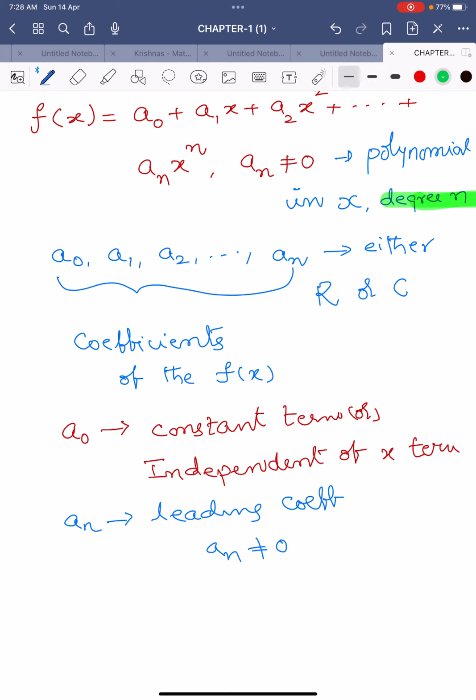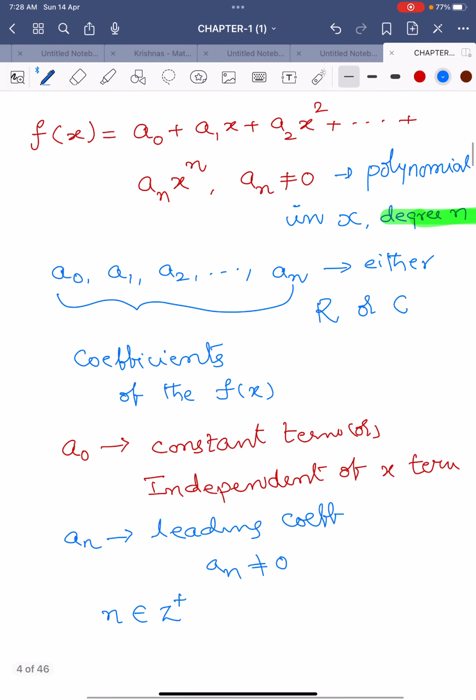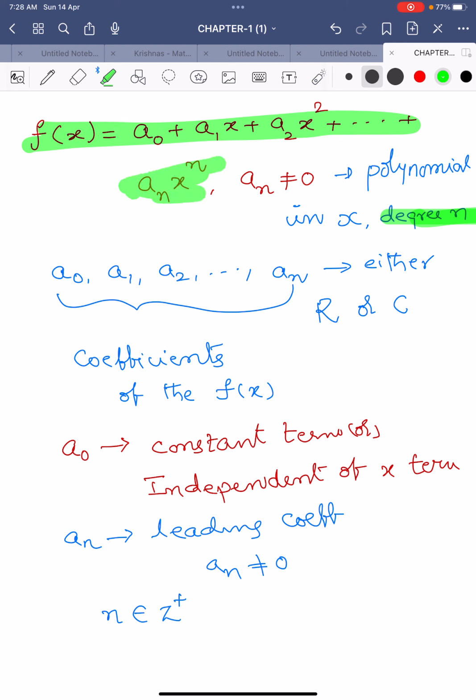It means that n must be a positive integer. So this is the definition of polynomial. Polynomial means an expression in this form: f of x is equal to a0 plus a1x plus a2x square plus and so on an x power n, where an not equal to 0, is called a polynomial in the variable x of degree n.